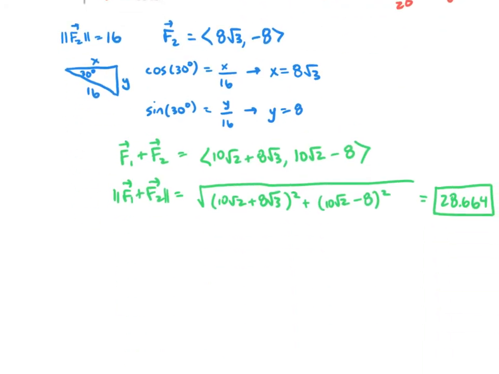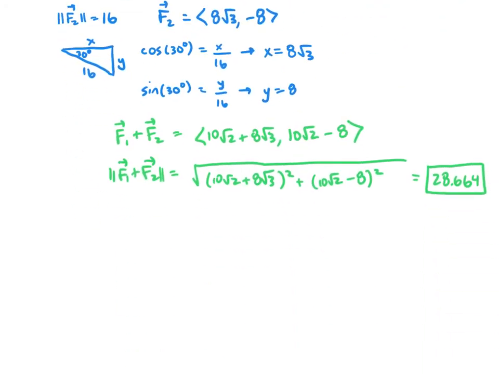So because of that, I'm just going to draw a little triangle here that maybe looks like this. And what we're trying to find is the angle right here, given that our x component is 10 root 2 plus 8 root 3, and our y component is 10 root 2 minus 8. Now again, we're going back to right triangle trig.